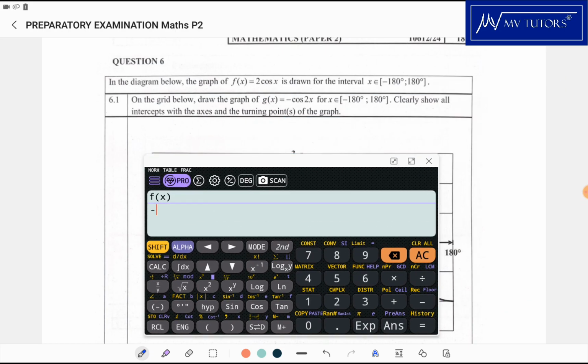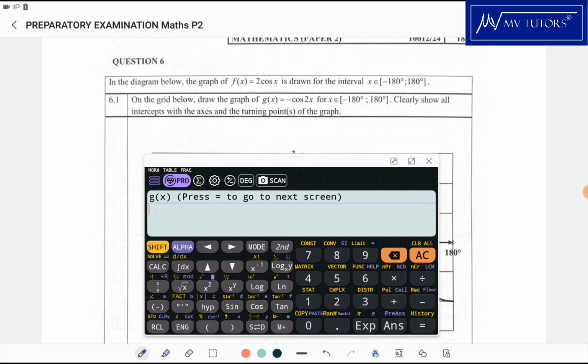So we have negative cos 2x. How will that affect the graph? Firstly, the graph will be reflected about the x-axis, and then the period will change from 360 to 180.